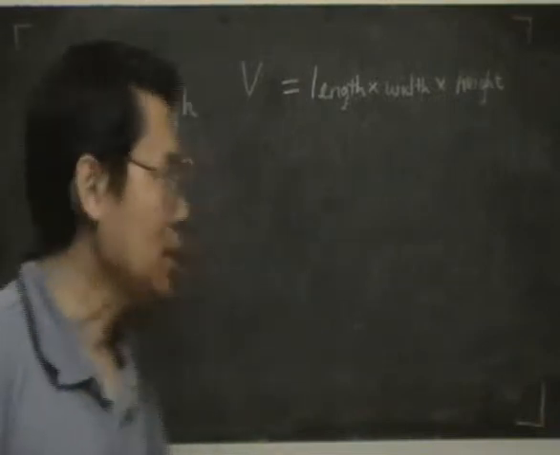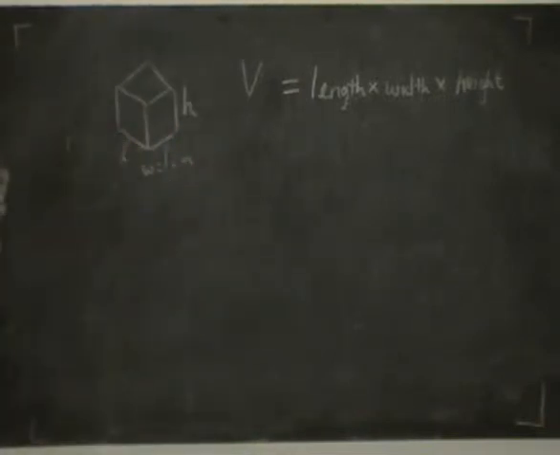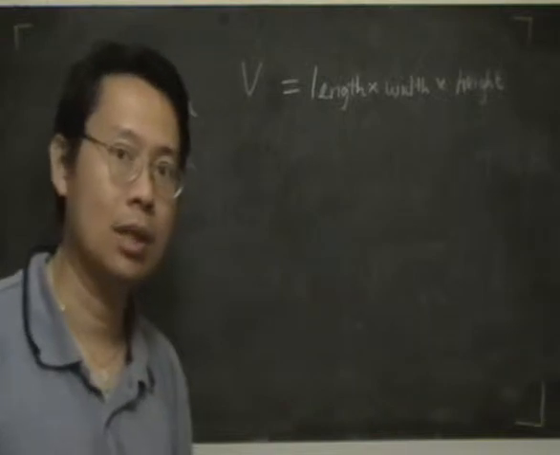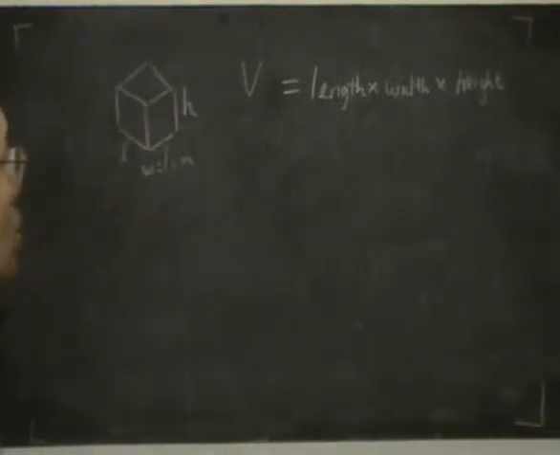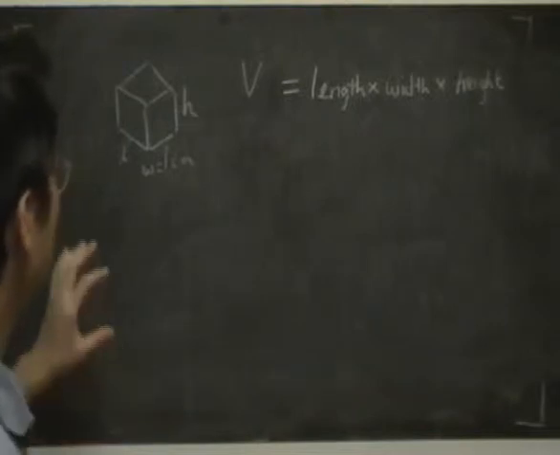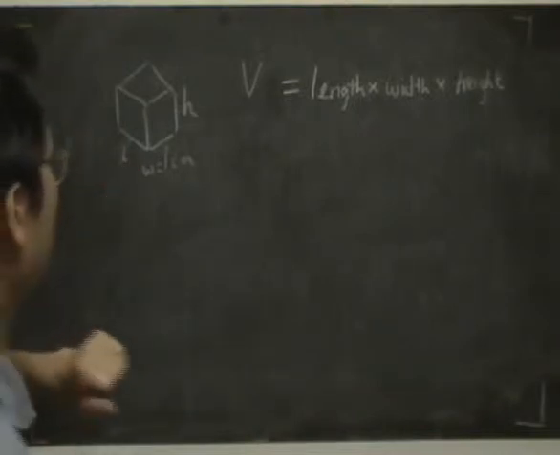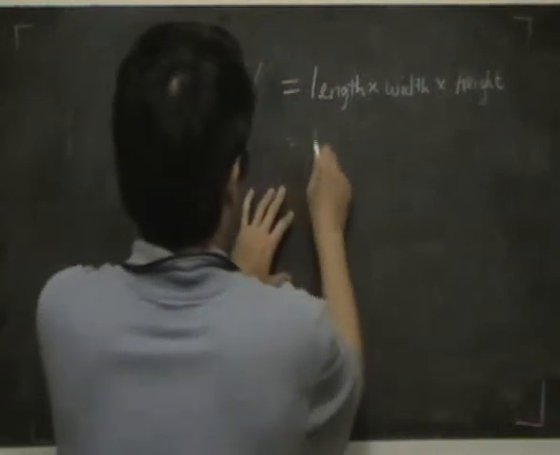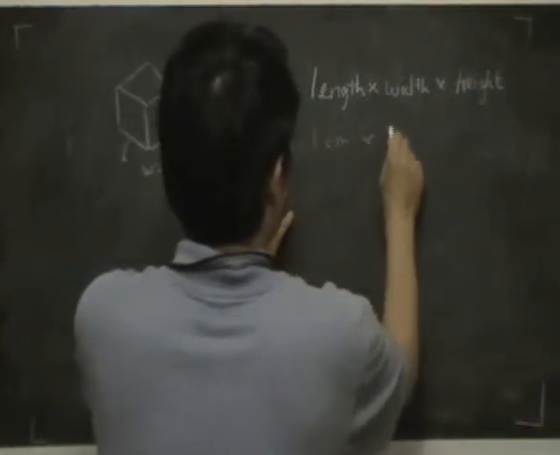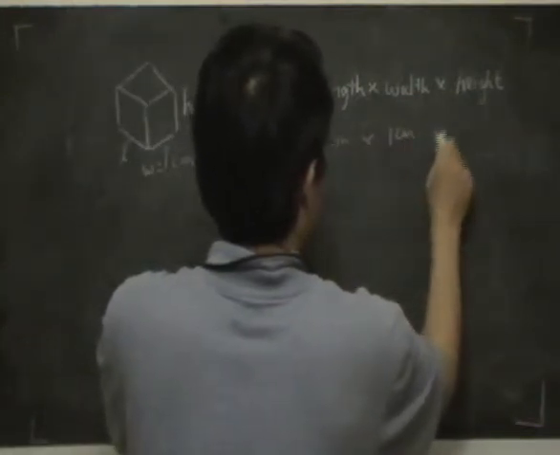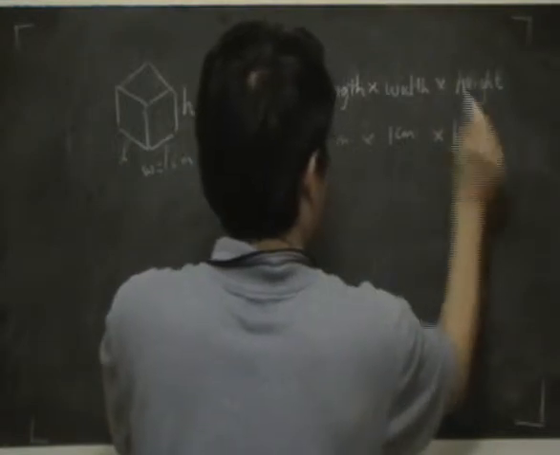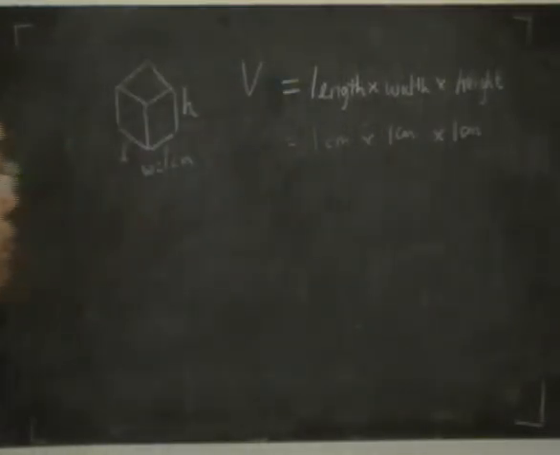Well, in this case, really, for a cube, the length, the width and the height are all the same. Okay, so it would just simply be 1 cm times 1 cm times 1 cm. So that's the volume.